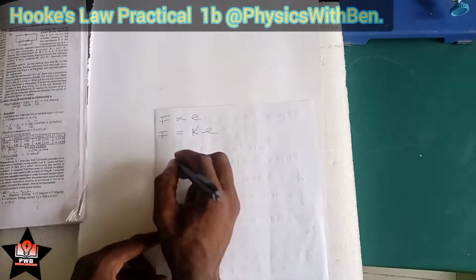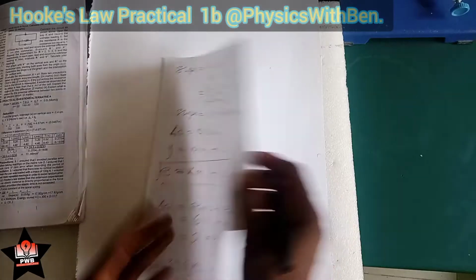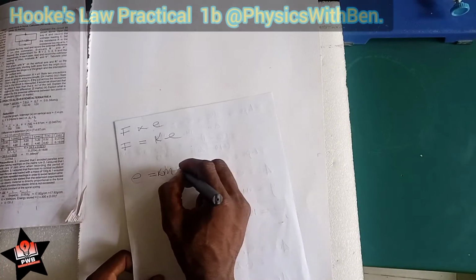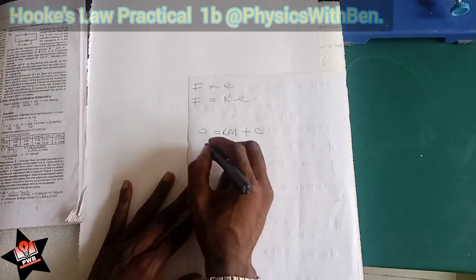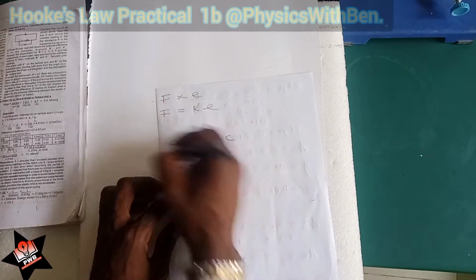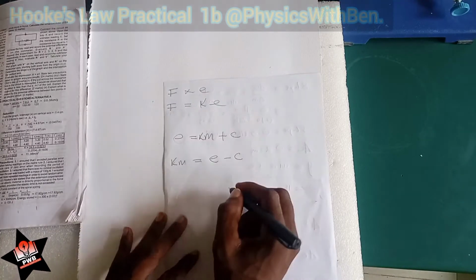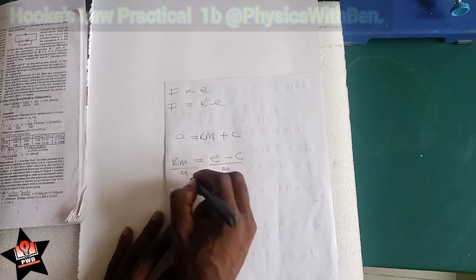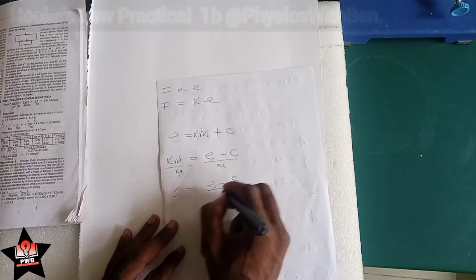This is given as E is equal to Km plus C. So we can say that our Km is equal to E minus the intercept. So divide both sides by M, so that our K becomes E minus C over M.